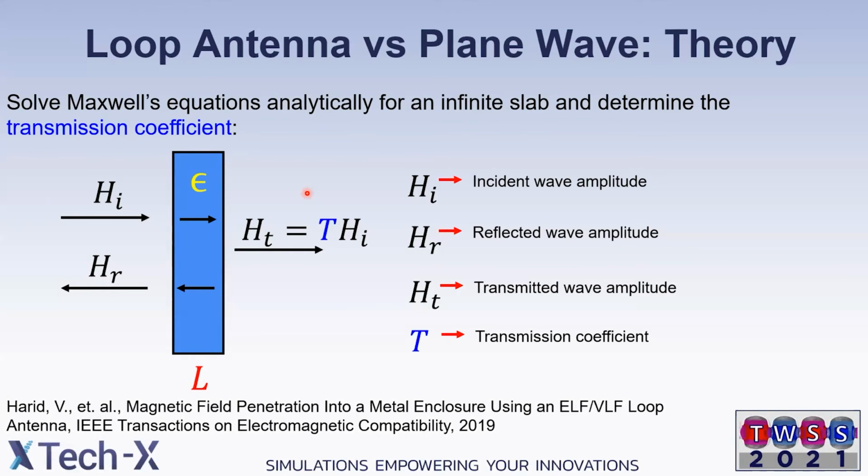And one way of thinking about the role that different types of the plane wave versus the magnetic dipole play is to think about this concept of wave impedance, which isn't necessarily what plasma physicists are trained to think about, but electrical engineers are. So it pays to work with a variety of different people with different ways of thinking about a problem. So this is work from V.J. Harrod at CU Denver. And he just did some simple modeling in this 2019 paper.